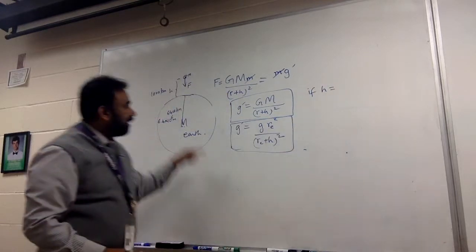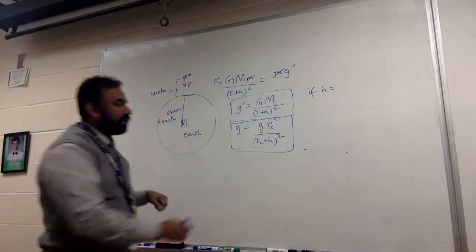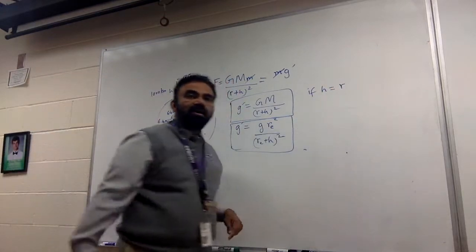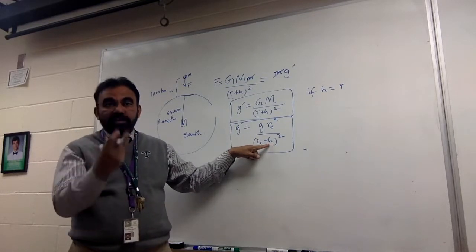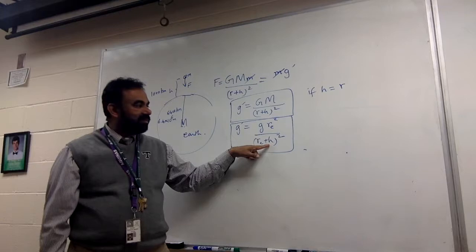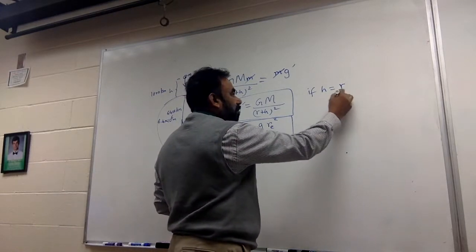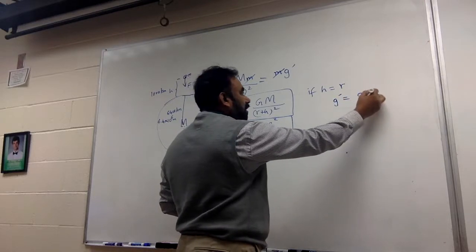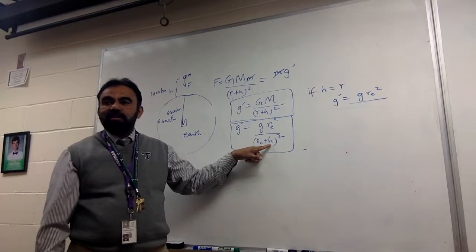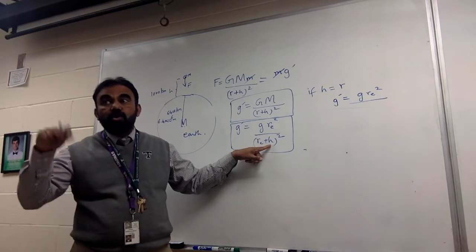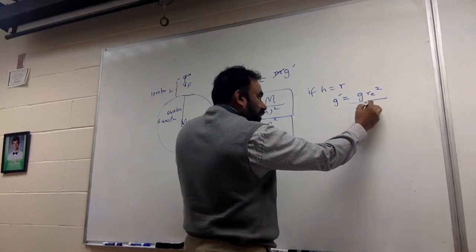If I go to a height which is exactly one radius away, if the height is equal to the radius of the Earth, what will happen to the equation? Then g prime is going to be g R_E squared over, if H is also R_E, 2R_E, whole squared. So it'll be 4R_E squared.